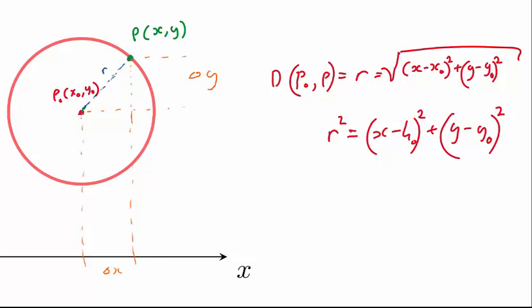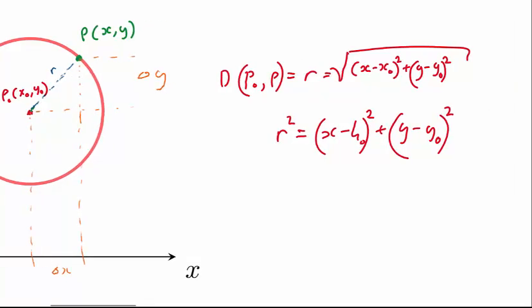Now we can solve this for y, as another common way to see it done. Basically, we just use a little bit of algebra here. r squared minus x minus h naught, quantity squared, equals y minus y naught squared.